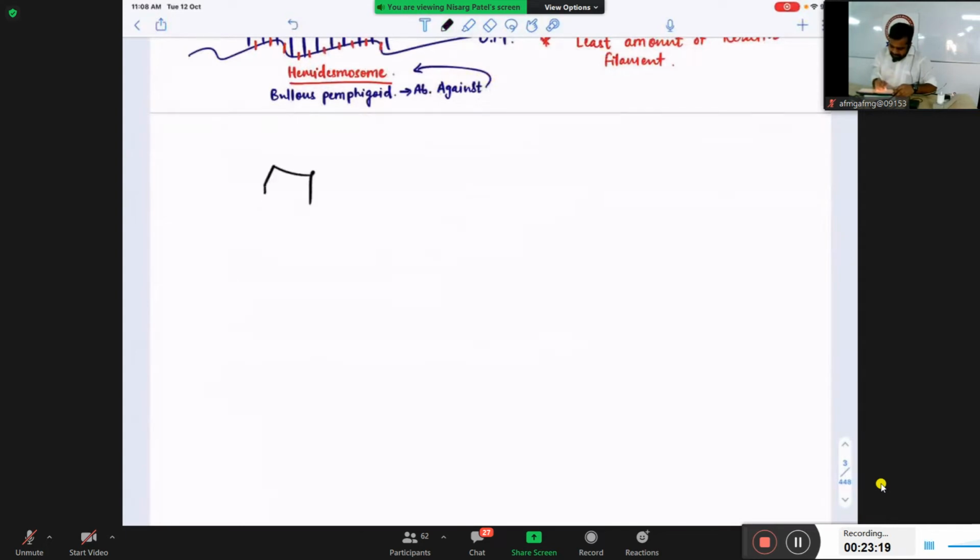if the keratin filament is weak, see this. I'm drawing three polygonal shaped keratinocytes. First of all, understand they are tightly joined with each other. But see this, if this keratinocyte gets ruptured, what will happen?